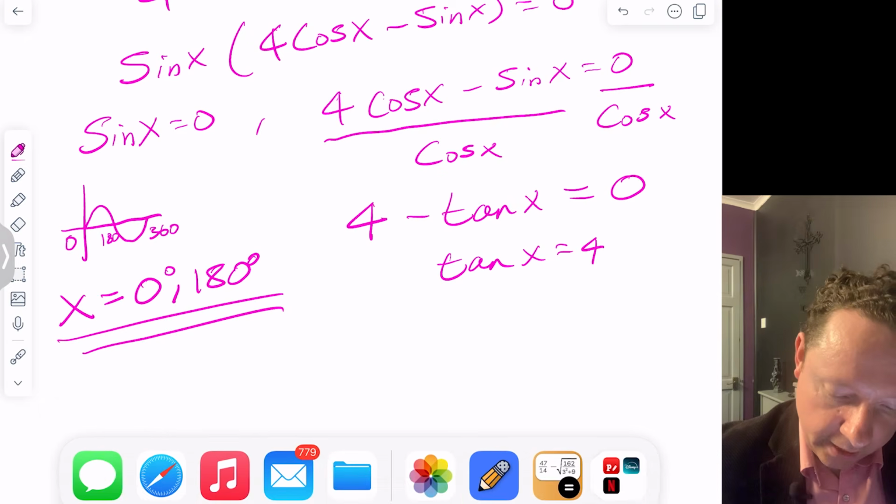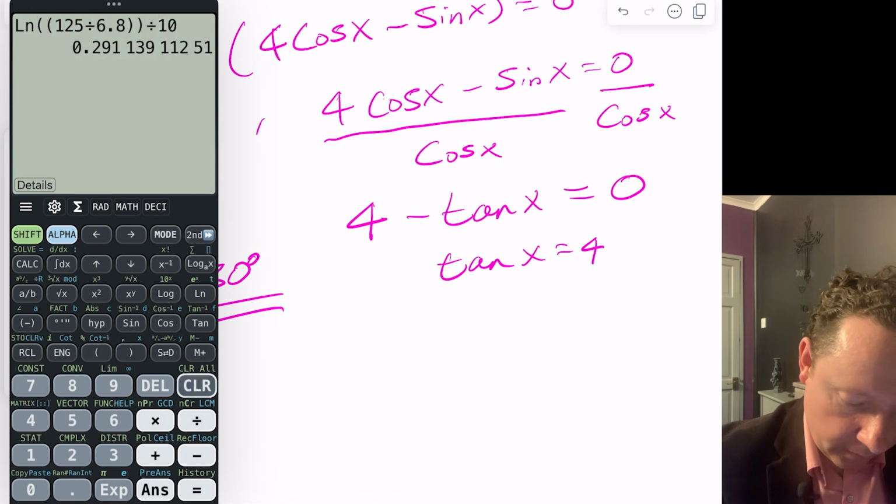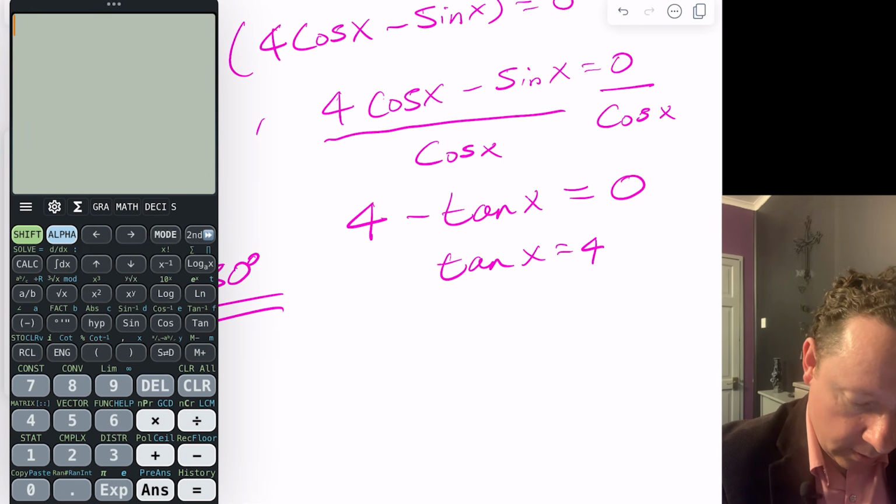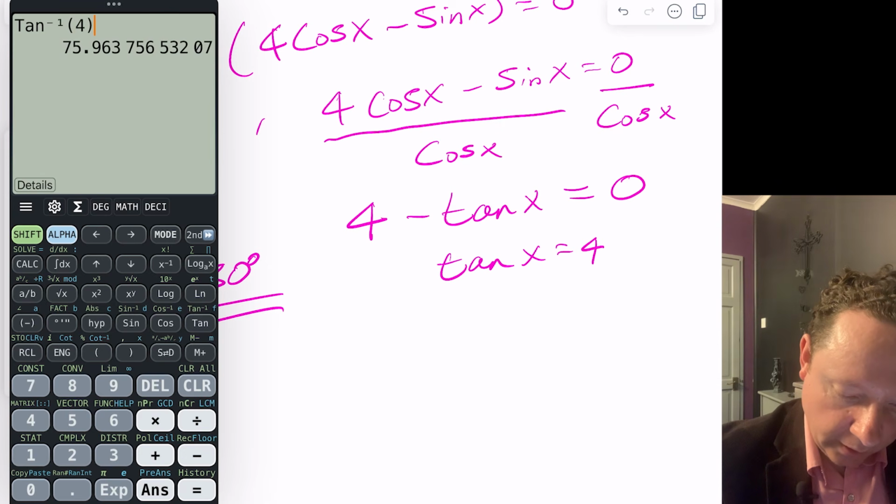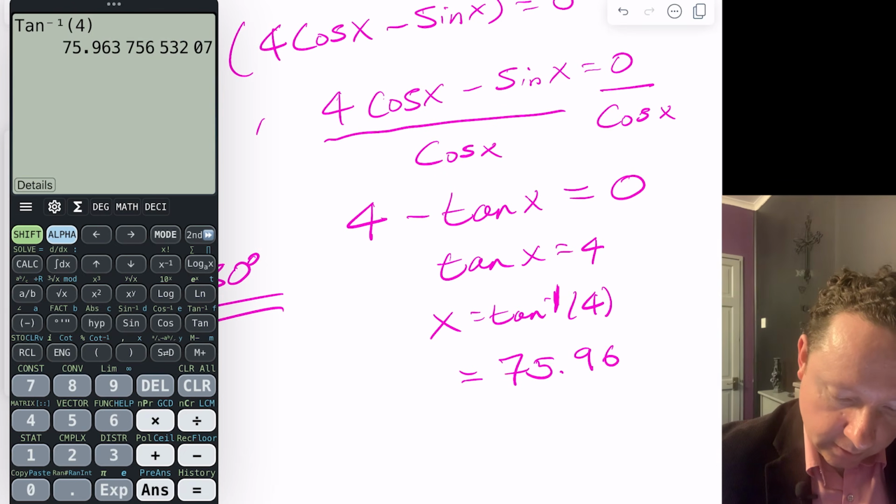Inverse tan of 4 then. Make sure you're in degrees. 75.96. And then CAST diagrams, what a lot of people usually use, so I'll just use that.